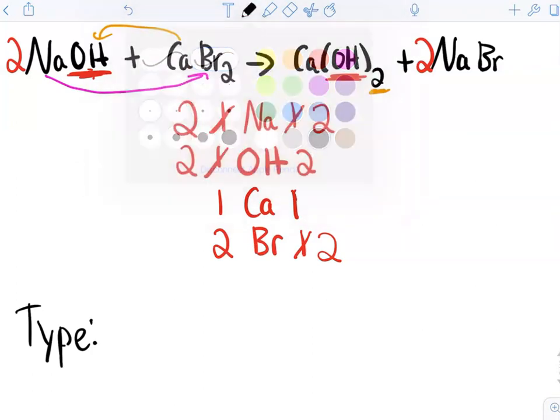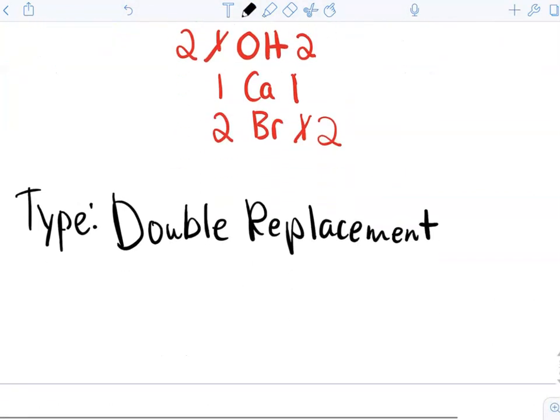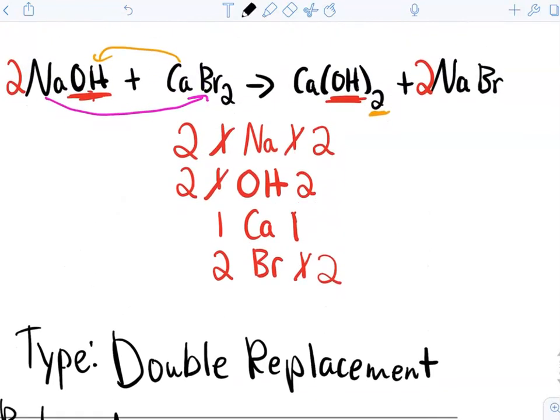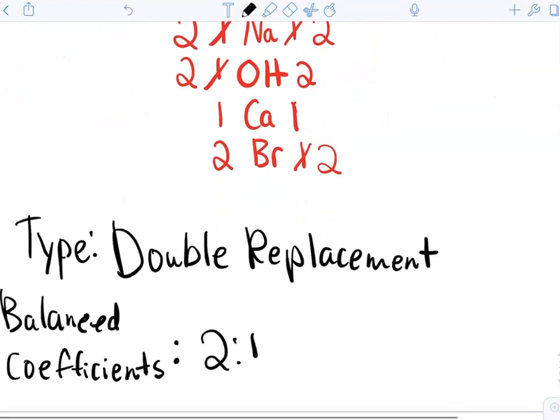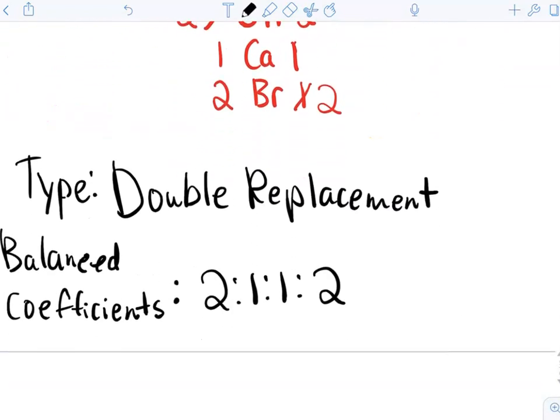So that means that this one is going to be a double replacement. And then the balanced coefficients are 2, 1, 1, and 2. And that is it for these notes.